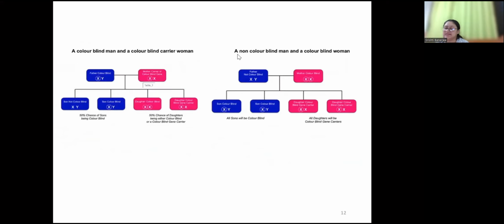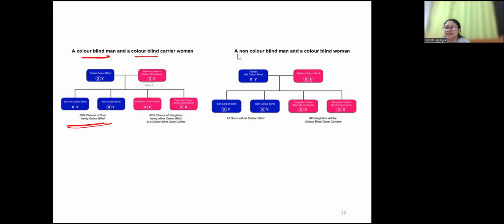And again, let's see two more examples. Now a colorblind man and a colorblind woman marry. The children that they have, 50% of the sons will definitely be colorblind. Why? Because either of the parents will supply the X gene, that is the affected gene, and the son will have it from either of the parents. It could be from the mother or it could be from the father.